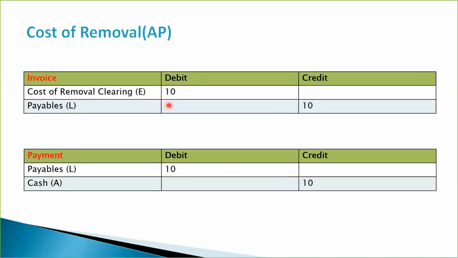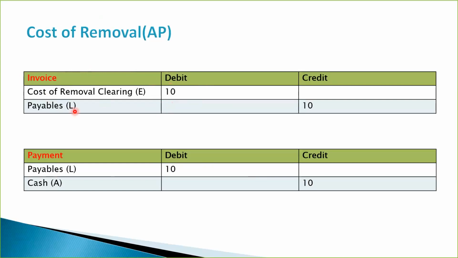Now you can have a retirement with cost of removal, and we know about this also, but we are going to go through it. So when you have your cost of removal for the invoice, instead of entering a normal expense account that we do when you're entering an invoice, the account you enter in the distribution is going to be the cost of removal clearing.